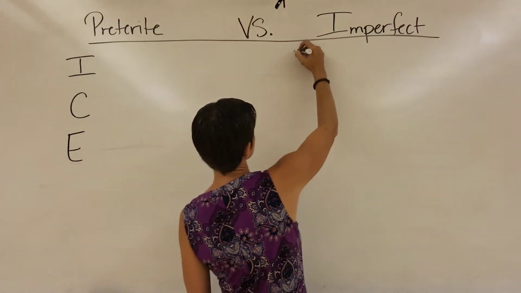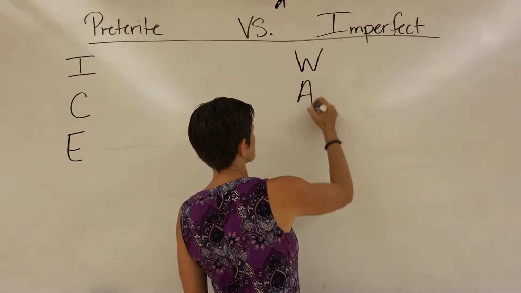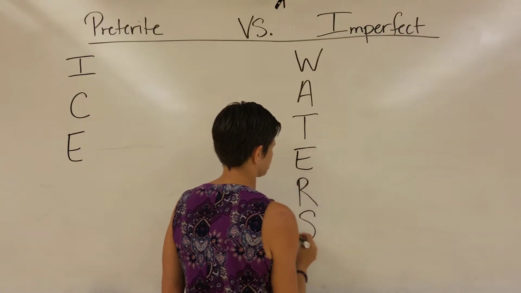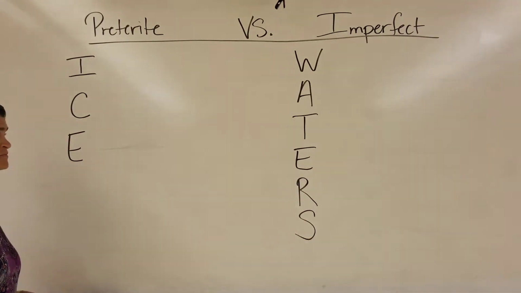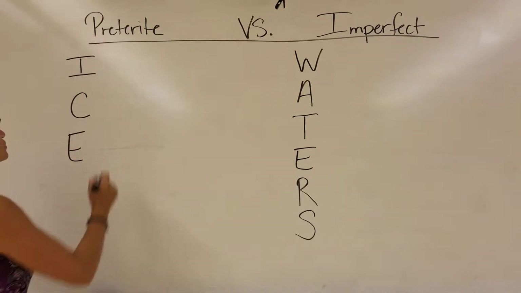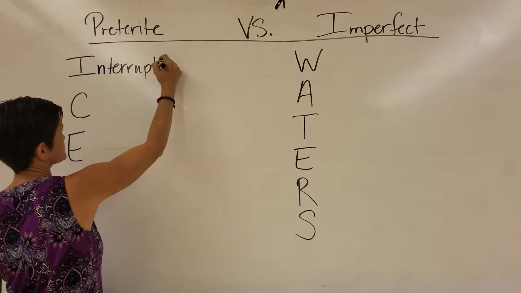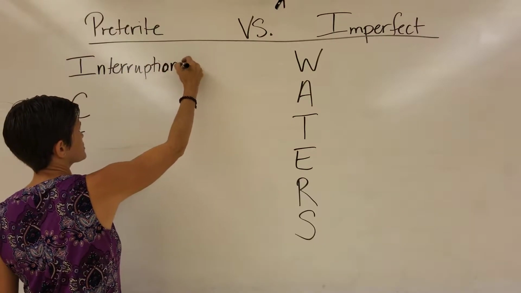I call it ice waters. So the preterite is used for interrupting actions. We'll just call them interruptions.